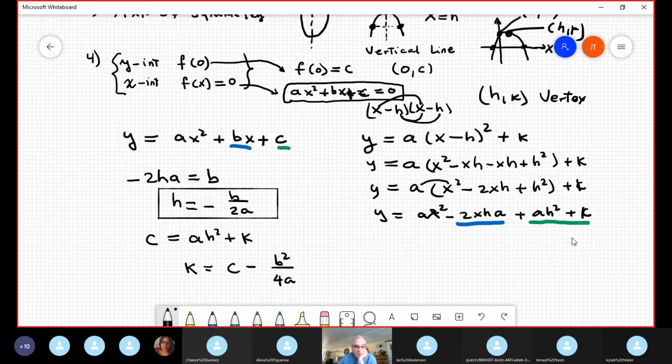This is another formula to find k. We use that formula to do the conversion from standard form, because I suppose I have a, b, and c, and we convert to vertex form.